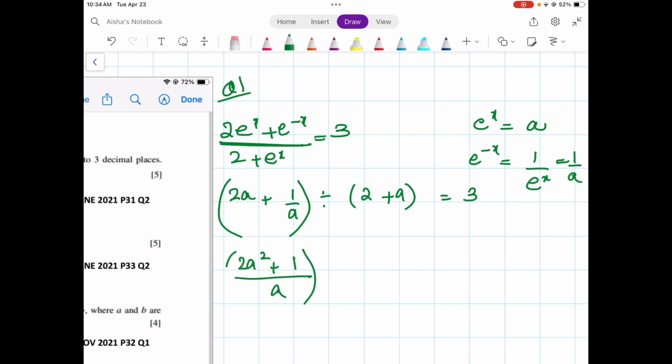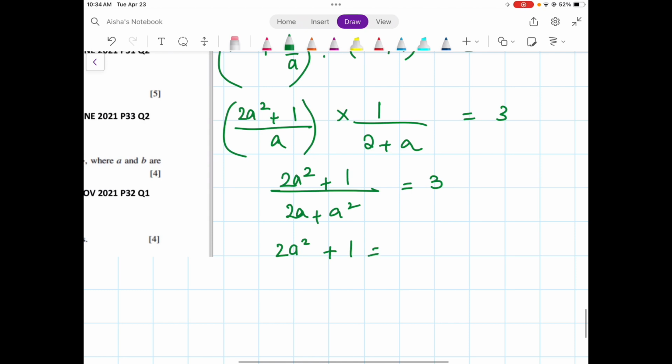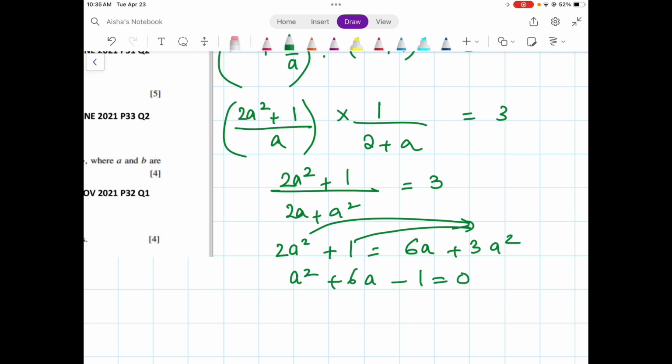Taking the LCM. So 2a square plus 1, they're multiplying the denominators, cross multiplying, so taking everything to the other side. Now the value of a will be, a is equal to 0.1622, a is equal to minus 6.16.